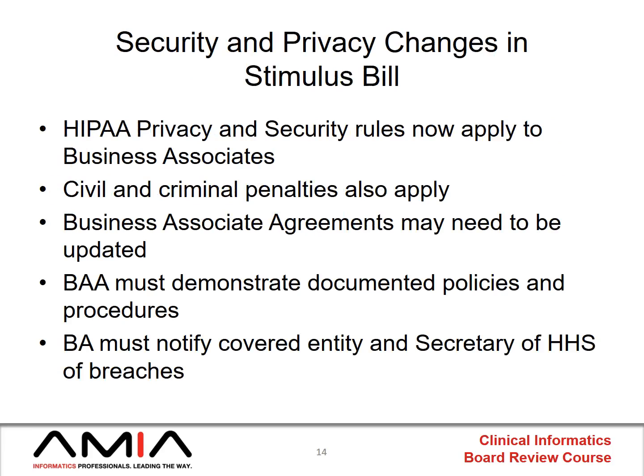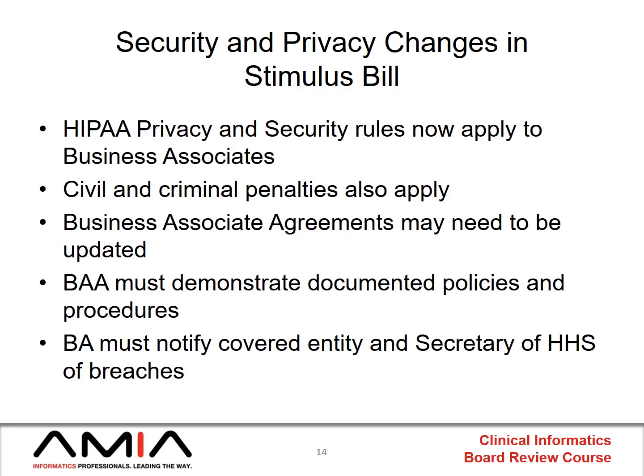So, to summarize the security and privacy changes in the stimulus bill, which is ARRA, you can see that HIPAA privacy and security rules now apply to business associates. Civil and criminal penalties also apply, and whether or not they are invoked is up to the U.S. Attorney and the Attorney General.